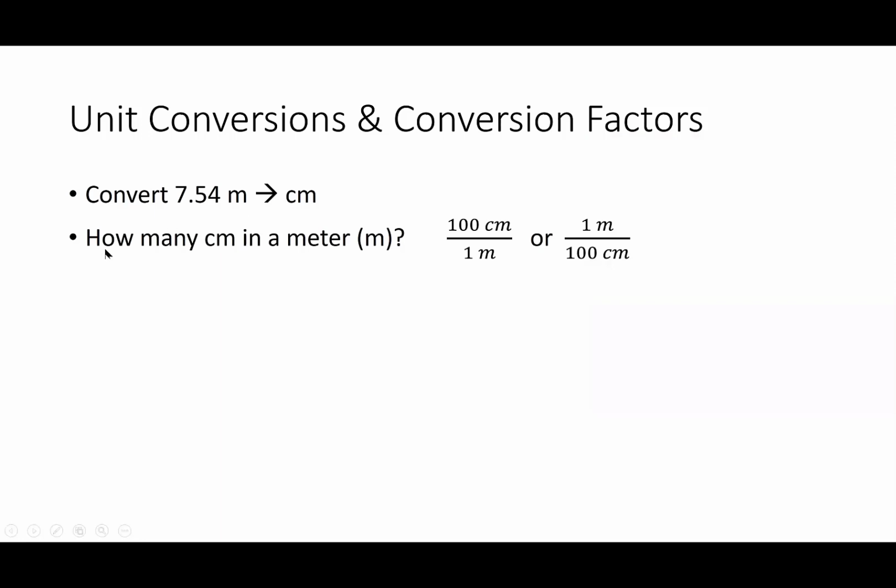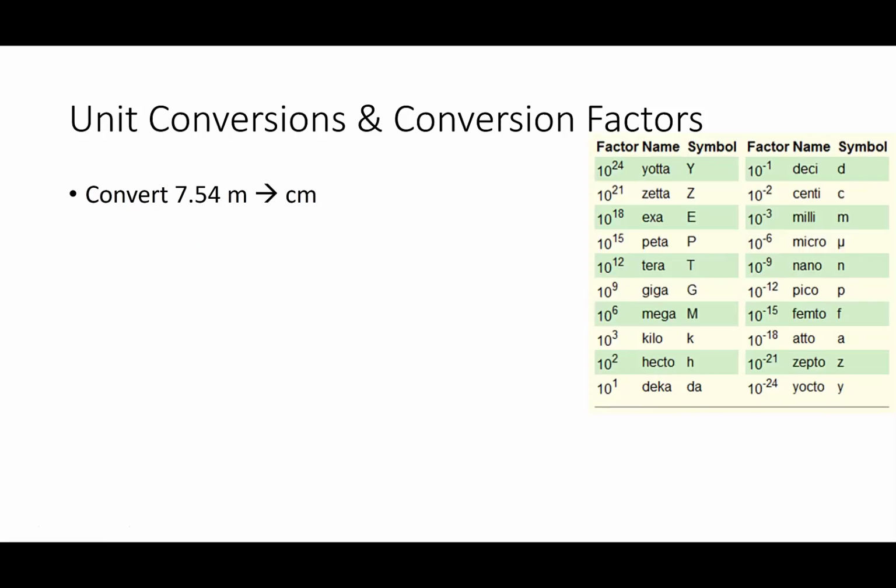So how many centimeters are in a meter? So again, centi means it's 10 to the minus 2 meters. It is 0.01 meters. It is less than a meter. A centimeter is small and a meter is large, okay?